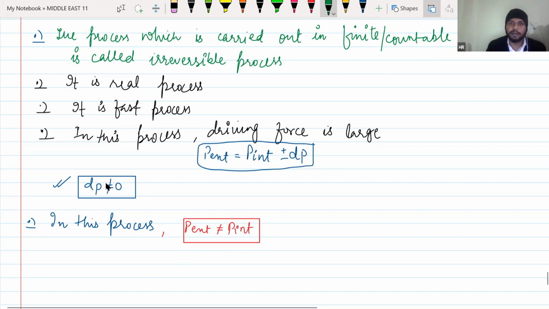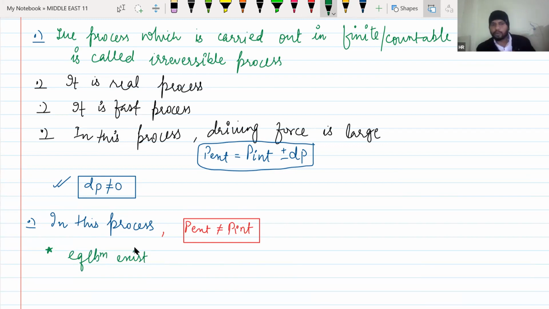And here is another important point which I was talking about: equilibrium exists. In the previous process, you will see that P external is equal to P internal at every stage. That is reversible process, right? Yes, sir.